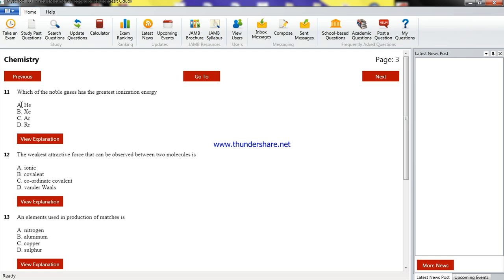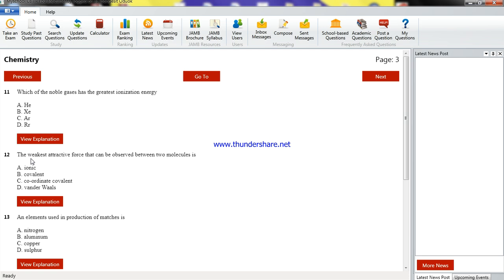So the attractive force between the nucleus and that K shell is very high. It will take more energy to remove helium's outermost electron, and that makes helium have the highest ionization energy.